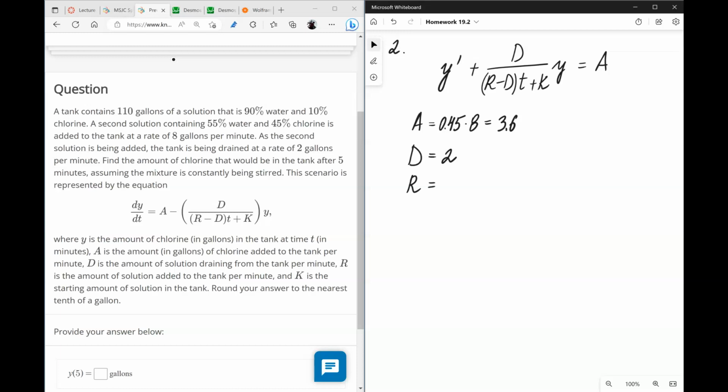We've been adding 8 gallons per minute. And K, finally, is the starting amount of solution in the tank, which is 110.